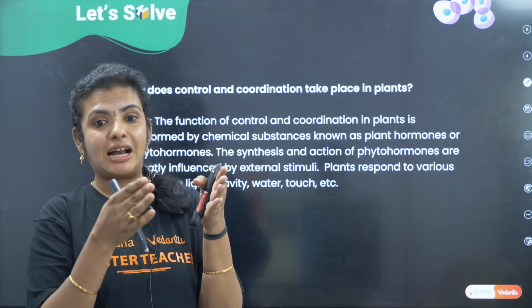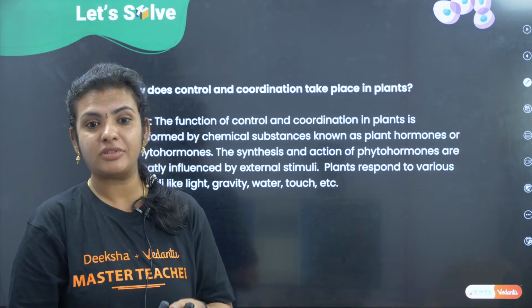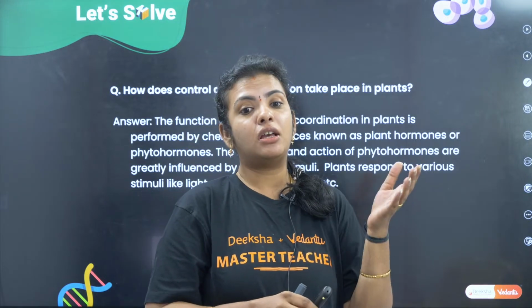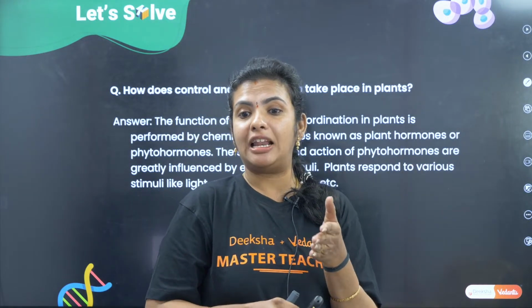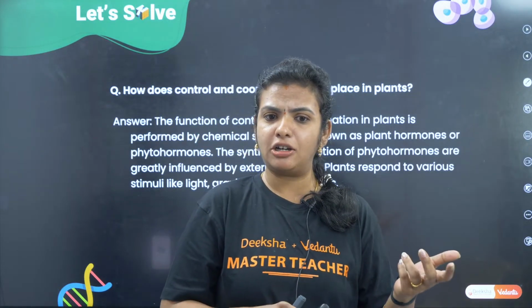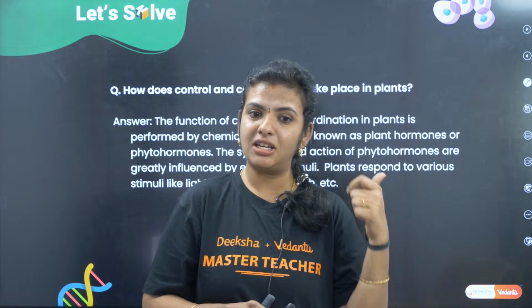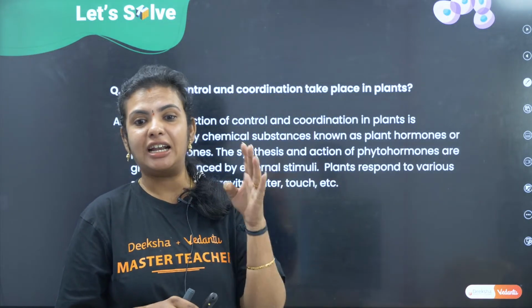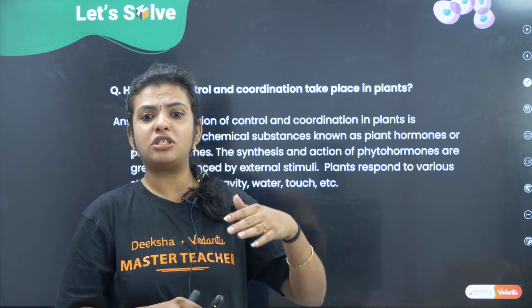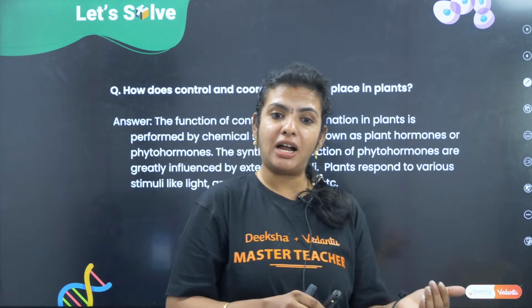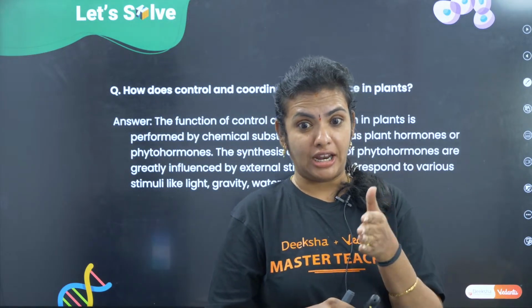The same thing is happening in animals, I told you. The same control and coordination in plants, when it is happening, we would say it is with the help of phytohormones, that is the plant hormones. So, what are the plant hormones? Auxins, gibberellins, cytokinins, abscisic acid and ethylene, okay. Similarly, how we respond to the environment, the plants are also going to respond to their environment.